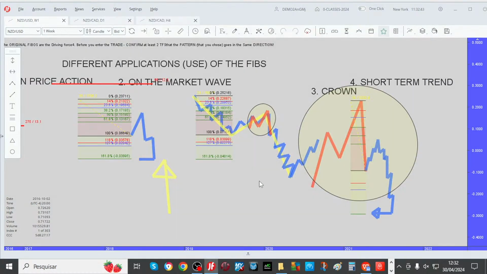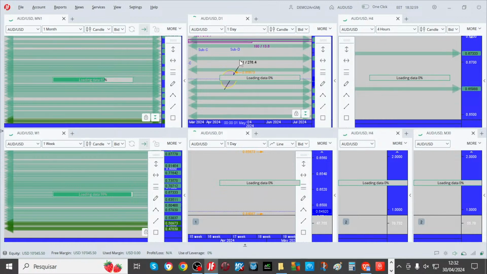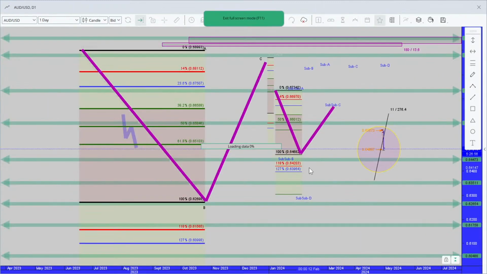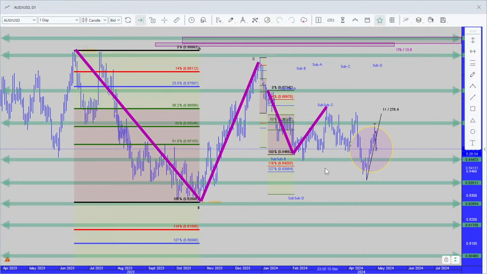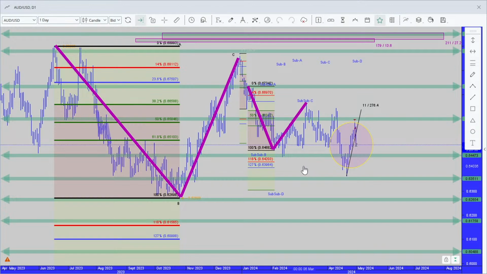If I go on AUD/USD on the daily chart, give it a second. All right, this is the AUD/USD daily chart.